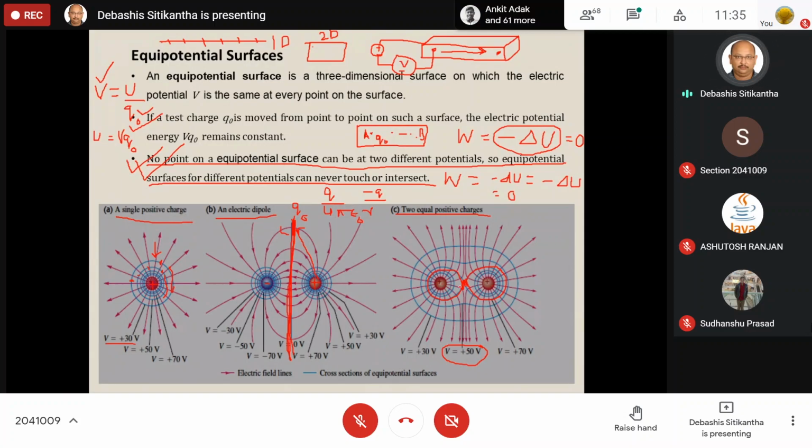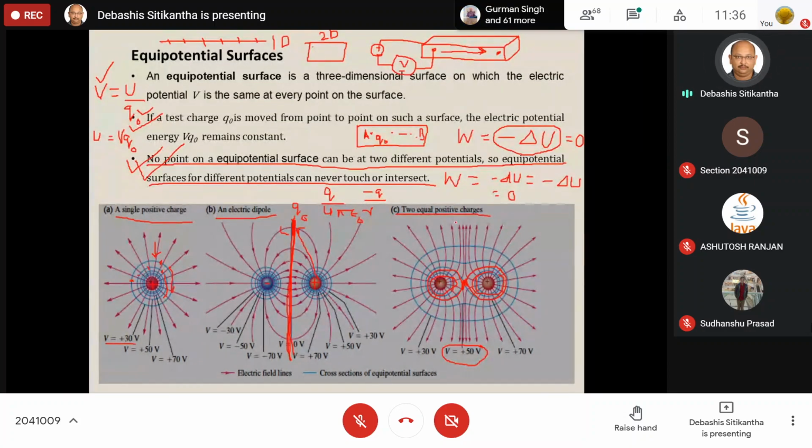But in case they are at different potentials, and since both of them are repelling each other, their equipotential surfaces, even though maintained at the same potential, still do not touch each other. And this is only because the electric field lines are never going to intersect each other.